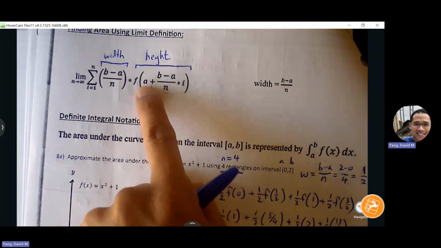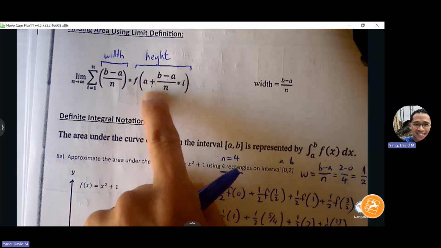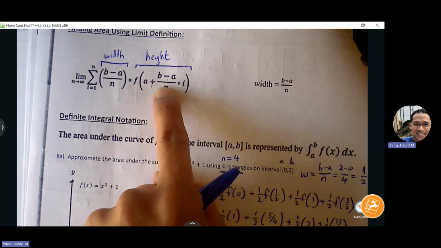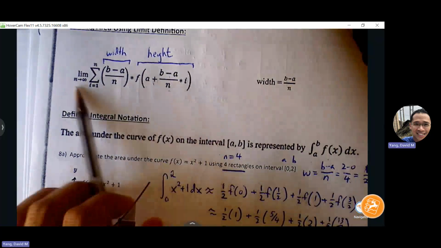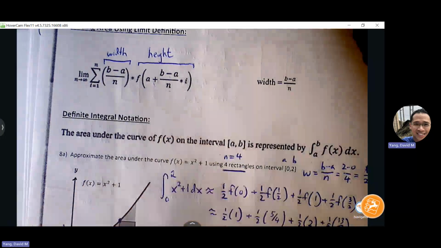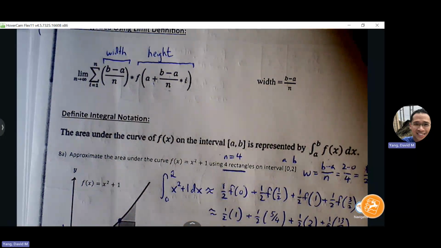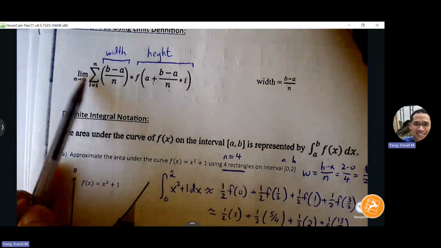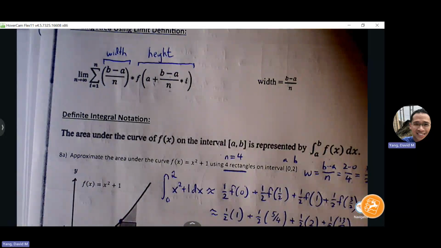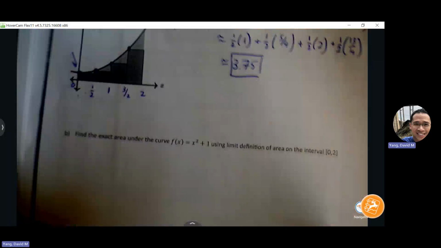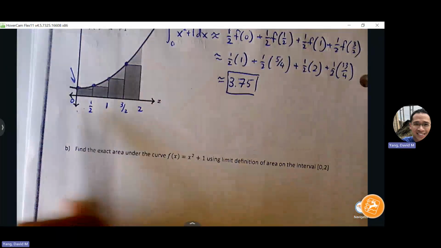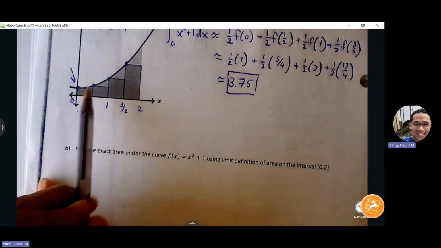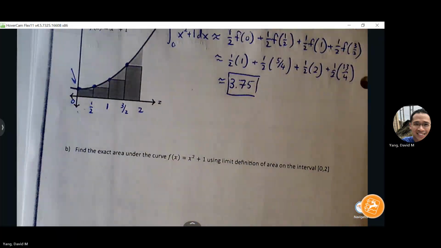So if it's 1/2, then it starts at 0, then goes to 1/2, then 1/2 plus 1/2 is 1, then f of 3/2, then f of 2. Okay. So we don't have to do all these calculations by hand because the limit will do it for us. We just have to set it up so that we can let the limit notation do the rest of the work for us. Okay, so let's try the same problem, but we're going to use a limit definition to actually find the area under this curve without all these gaps in between.